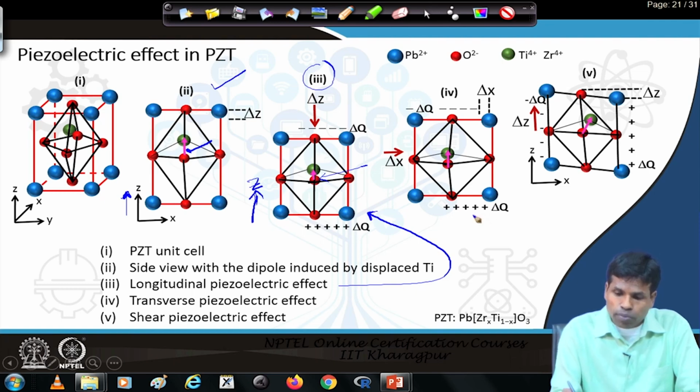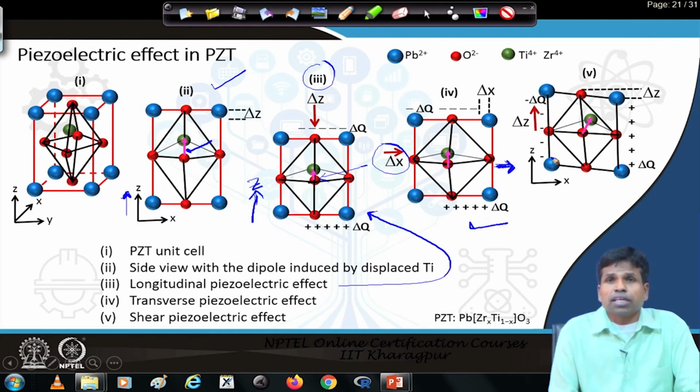But in the fourth case, a strain is applied along the x direction. As strain is applied along the x direction, there will be no dipole moment change, because the x direction is centrosymmetric.